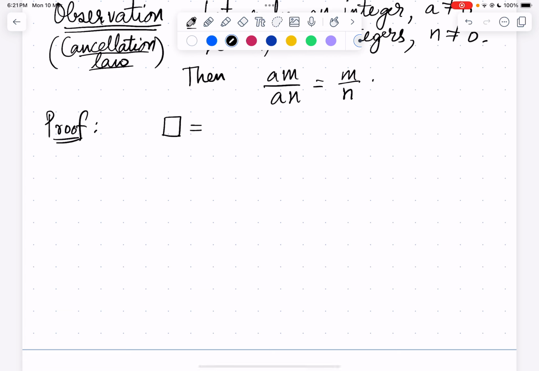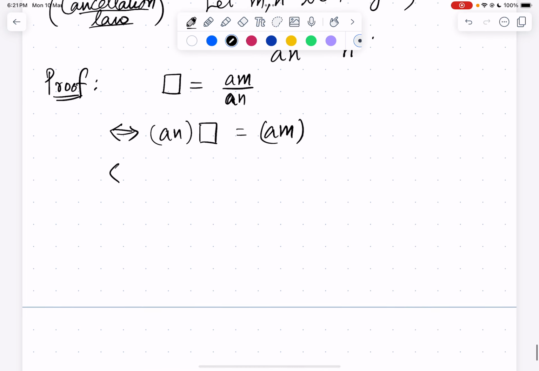So what does this statement mean? Box equals am by an. This statement is the same as saying an times the point box is am. So thankfully we can write an integer a times an integer n times box, a point box, to be an integer a times n times the point box.